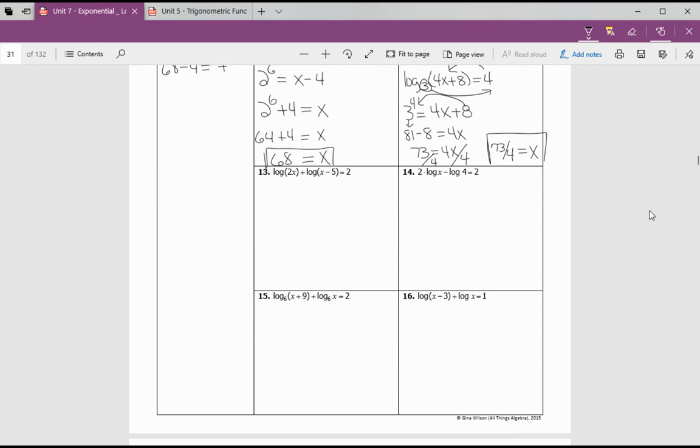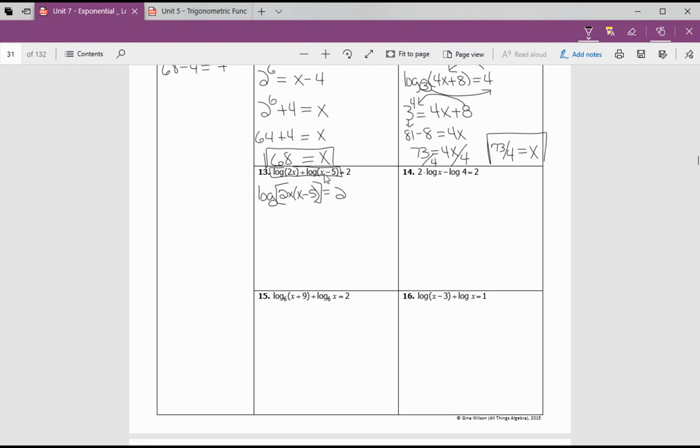Now, in the next 3 examples, we are going to have to use a property of logarithm to condense. So what we're going to do is take these two and use the product property and write one logarithm of 2x times x minus 5 as one collected group, and that is equal to 2. Now, we've talked about common logs before.